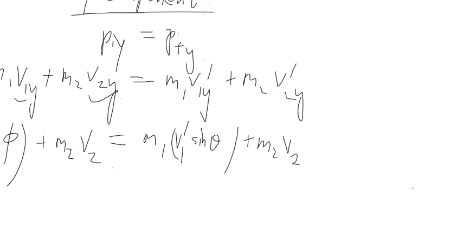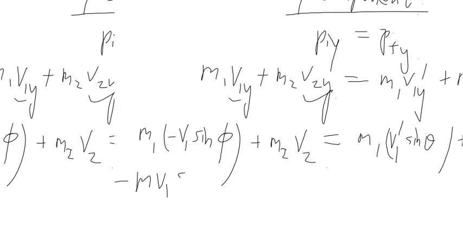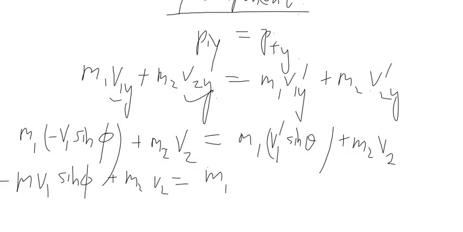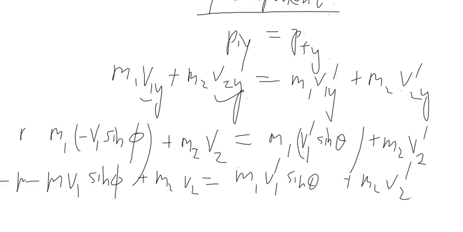Now we just need to algebraically simplify the equation. It's very straightforward. So minus m1 v1 sine phi plus m2 v2 is equal to m1 v1 prime sine theta plus m2 v2 prime. Remember what we're looking to solve for: v2 prime. We already found v1 prime, but we need an expression for v2 prime, because that's what the question was asking for.